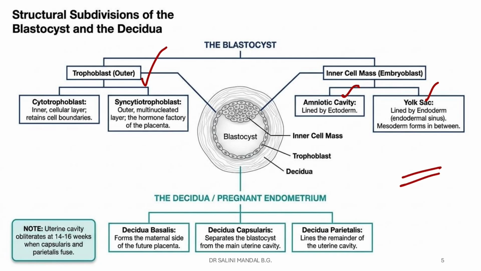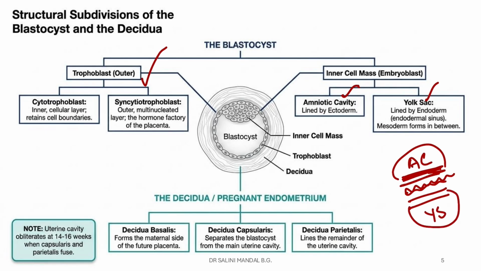So we have an ectoderm, we have an endoderm, and in between we have the mesoderm. So ectoderm is the amniotic cavity, endoderm is the yolk sac, and from the middle part, cells disintegrate and finally they proliferate, and then we are going to get a mesoderm. Correct? Okay, so that is about it.